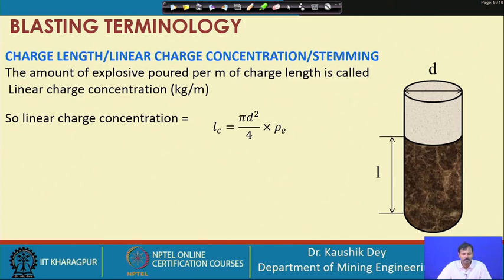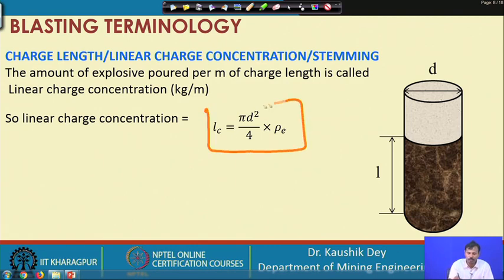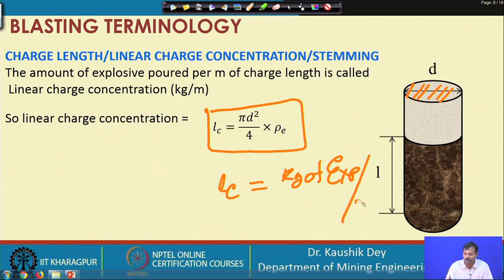It can be defined using this formula, where linear charge concentration Lc is equal to pi d square by 4 times rho e, where d is the diameter of the hole, pi d square by 4 is the cross section of the drilled hole, and rho e is the density of the explosive. So, Lc gives the kg of explosive per meter of hole, considering only the charge length portion, with 1 meter length as the unit.